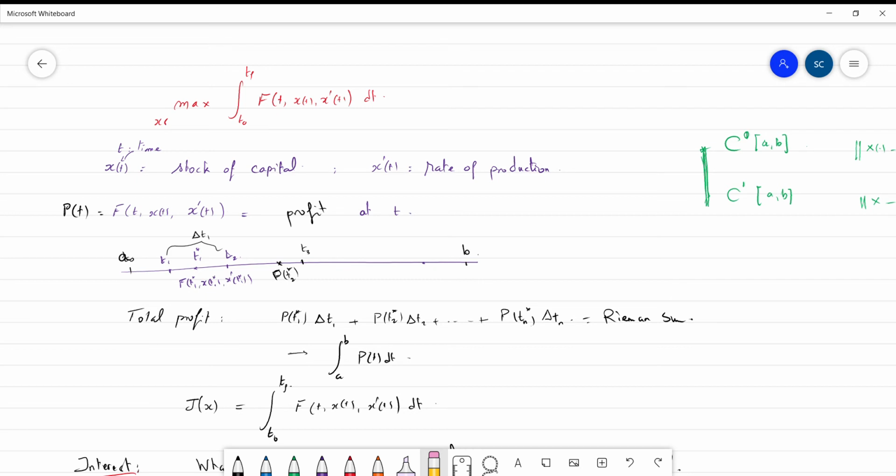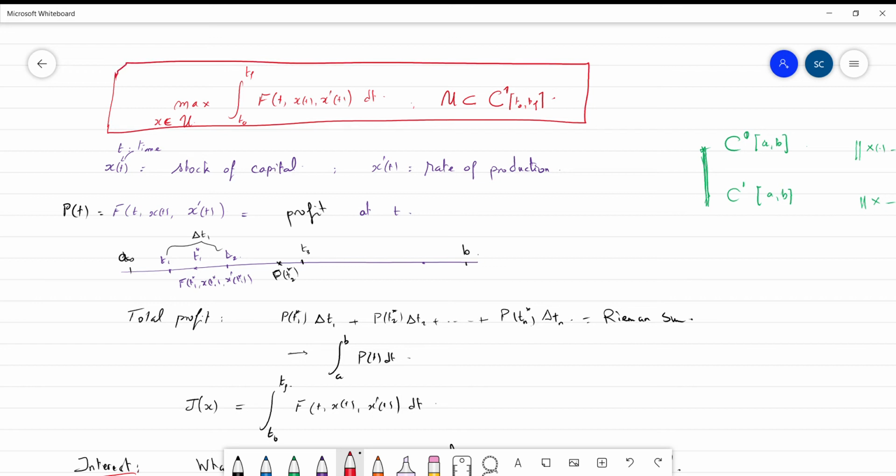Let's say I'm looking for x belonging to U, where U is included in C1 of [t0, tf]. For the moment, this is our problem of interest.